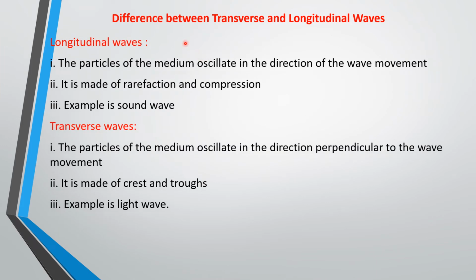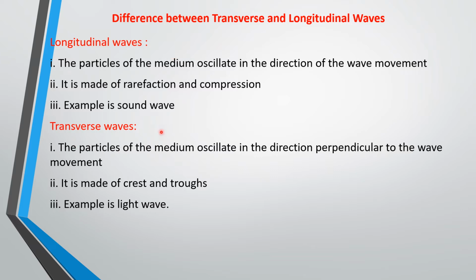So this is the difference between transverse and longitudinal waves. In longitudinal waves, the particles of the medium oscillate in the direction of wave movement. We've mentioned that before. Longitudinal waves are made of rarefactions and compressions. An example of them is sound wave. That's what we just discussed before.